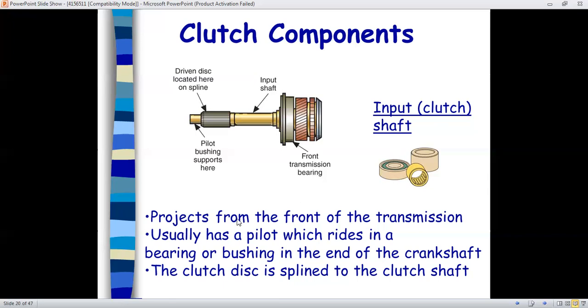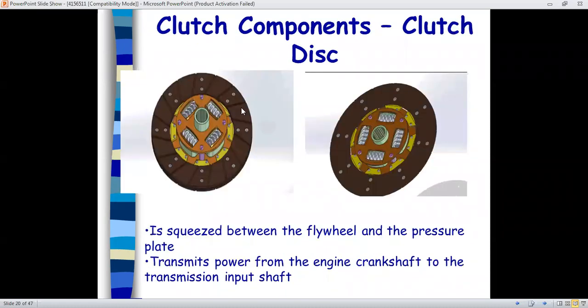The clutch shaft projection from the front of the transmission system usually has a pilot which rides in a bearing or bushing in the end of the crankshaft. The clutch disc is splined to the clutch shaft. See here, the clutch disc is splined to the clutch shaft. So all the clutch assembly you can easily observe here.